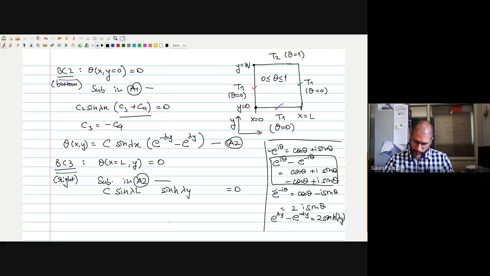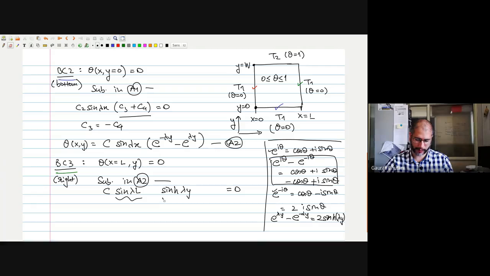What we were doing was we had to make this 0. The only way we can make this 0 is to make c 0, but that is not possible, otherwise theta becomes 0 everywhere, which does not satisfy the top boundary. The other option is that sine lambda L becomes 0. But the hyperbolic sine of lambda y cannot be 0, because then it's 0 for all values of y, which is not the case.